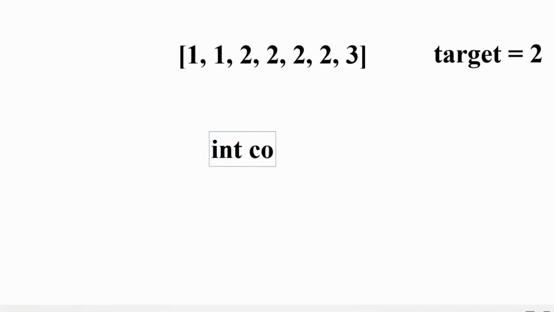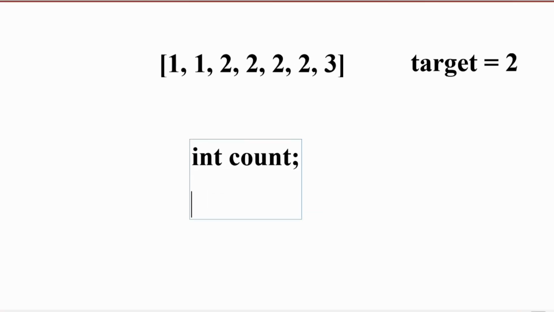Let's try to solve this problem now. Here I have taken a sample array, and the target is to find the occurrence of 2. We have to find how many times the number 2 has occurred in the array. The logic will be: first we take a variable called count, and then we run a loop.